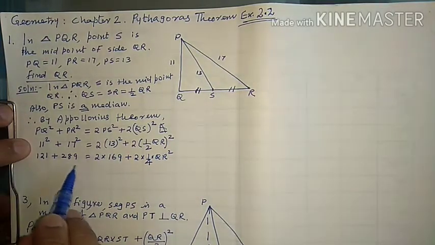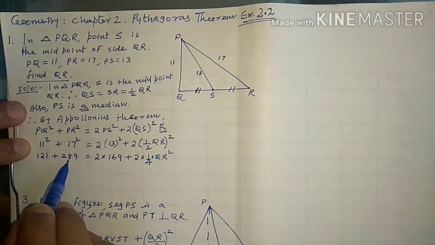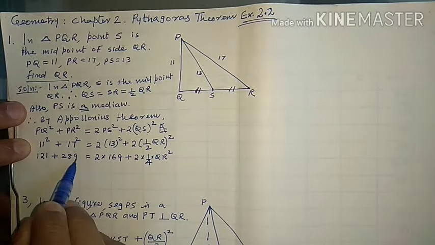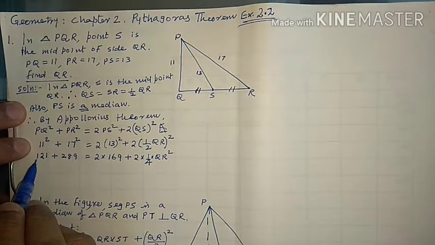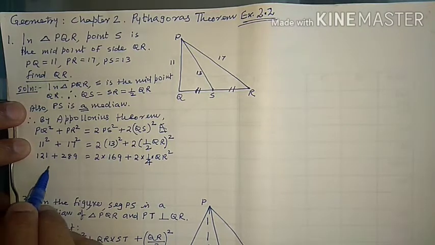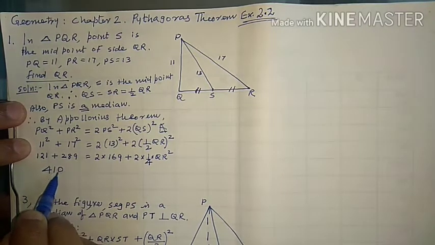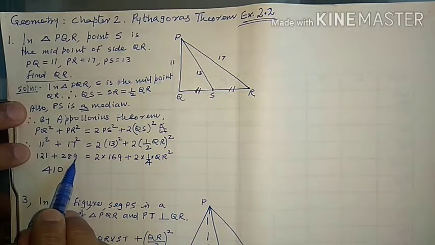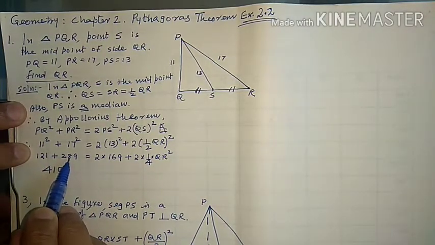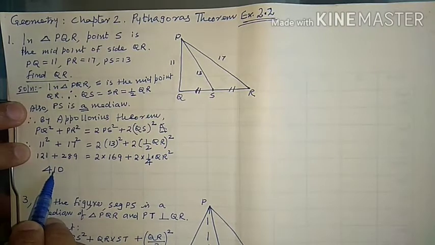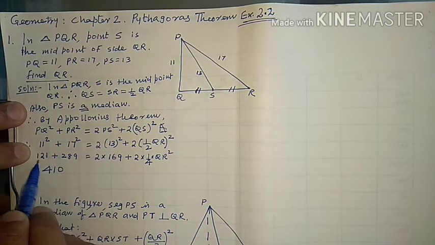Now we add these two. Look here: 9 plus 1, 10. Remember 1. 1 plus 8, 9, plus 2, 11. 1, remember 1. That 1 plus 2, 3, plus this one, 4.